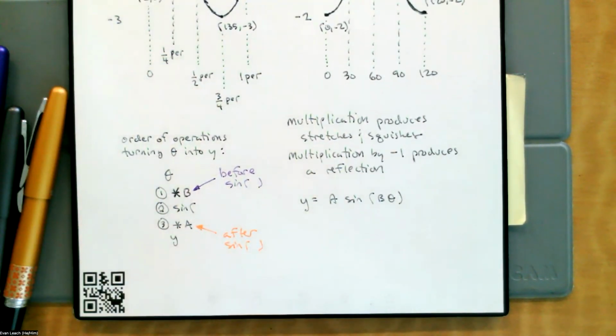So the two multiplications took place at different times. One was before the trig function was applied. One was after the trig function was applied.